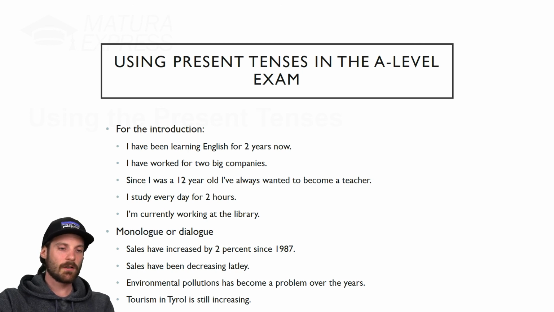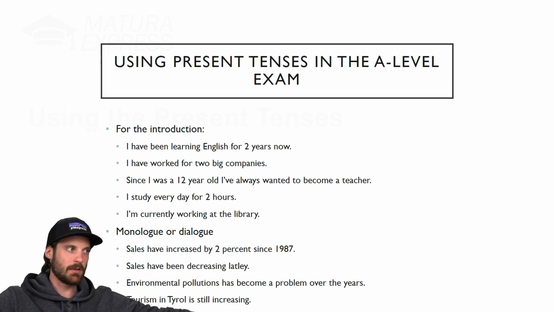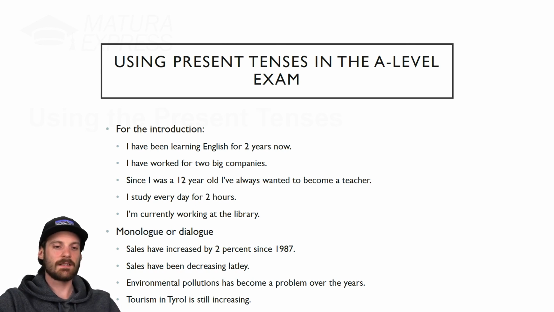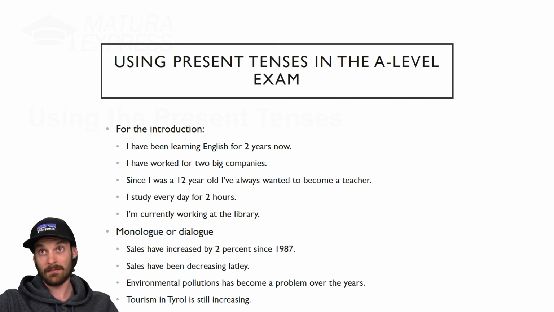For the monologue, you can also use, of course, if you want to describe a pie chart, a graph, or something like this: Sales have increased by 2% since 1987. So, present perfect simple. Or sales have been decreasing lately.